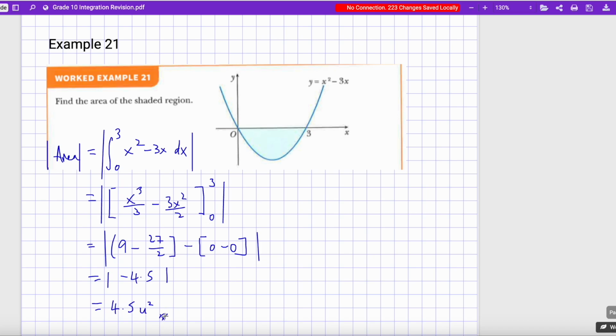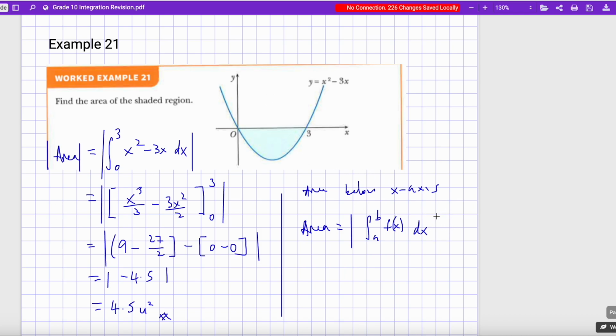So positive value. All right, so in general, if we are looking at area below the x-axis, we can say that the area is equal to the mod of the integral from a to b of f(x) dx. Okay, so this is a general rule.